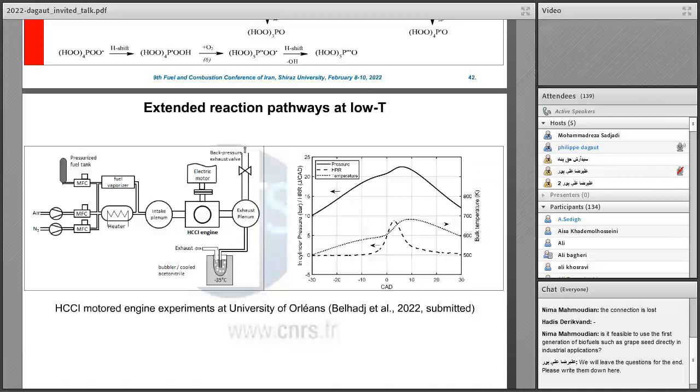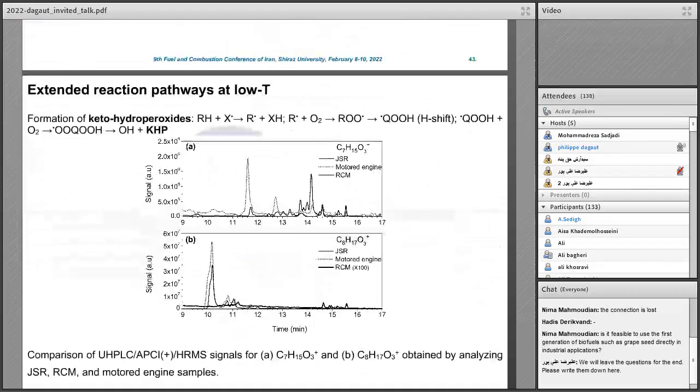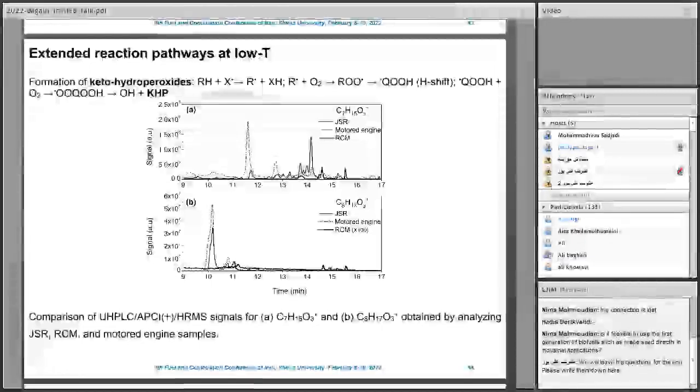We used a motored engine, and by decreasing the pressure before ignition, we could probe the chemicals which are exiting the engine by simply bubbling also in acetonitrile. And I will show you some examples of the species that we could observe in different systems.